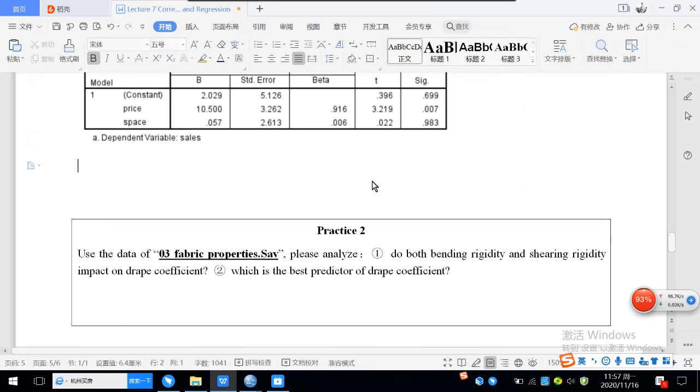Okay, so next use stepwise method to establish a new model.